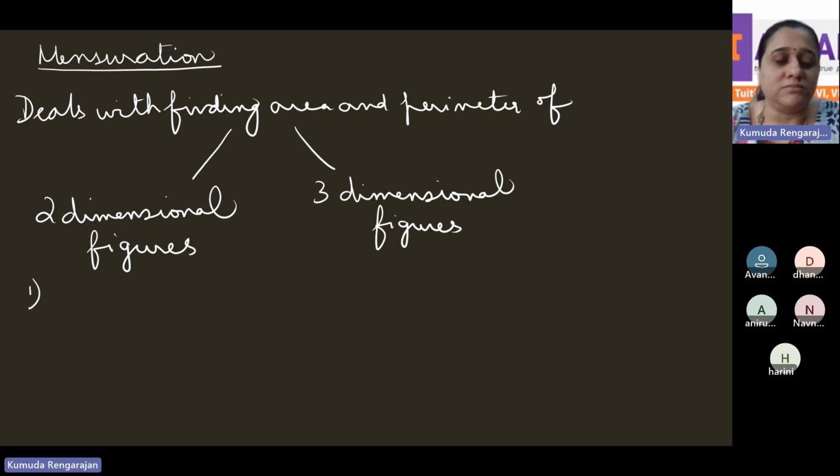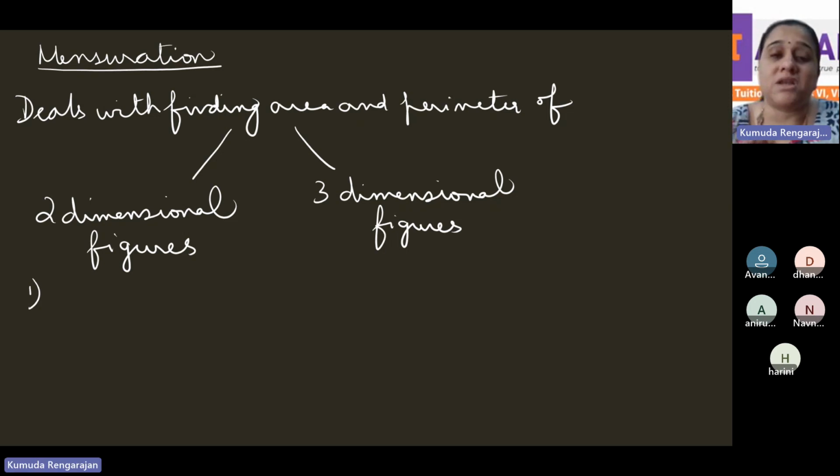So when it comes to two-dimensional figures, they are figures which just have two dimensions like length and breadth. All kinds of triangles are plane figures because you can draw a triangle on the board. You can represent this figure on a flat surface.